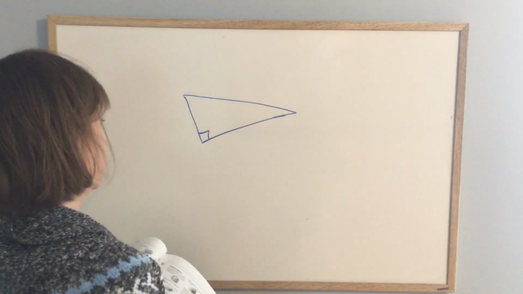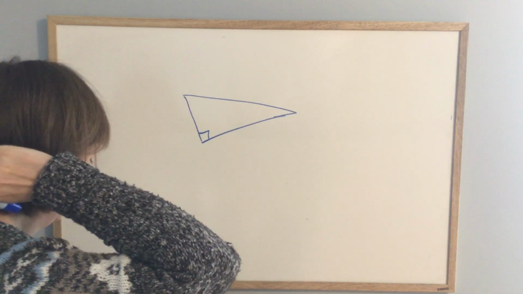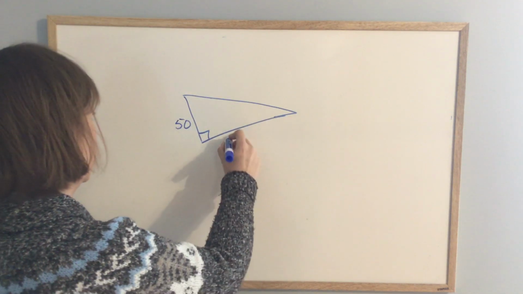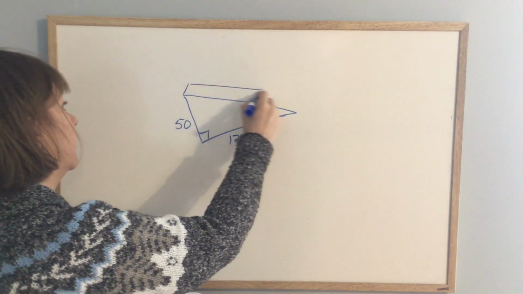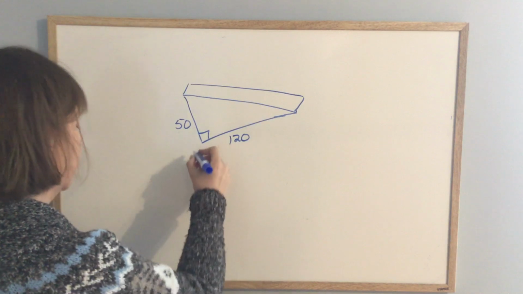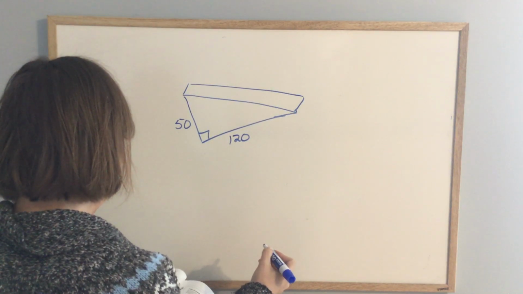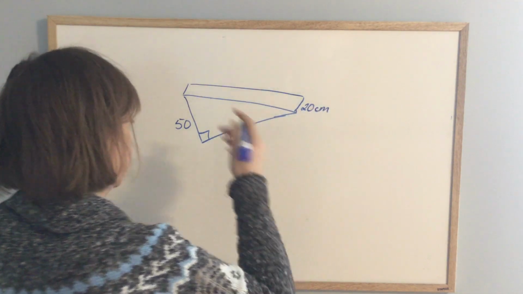They tell you it's a right angle triangle, and they tell you that this is 50 and this is 120, and then they say there's like a height to it, and that height is 20 centimeters.